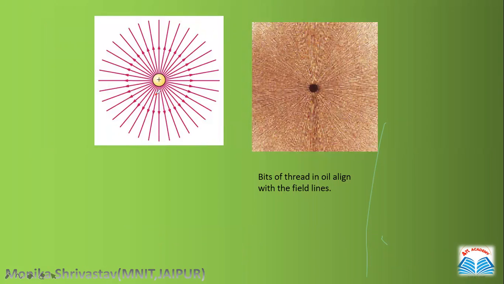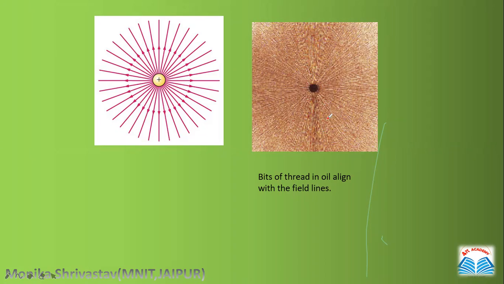You can see that around a positive charge, many field lines come out of the charge in various directions, so a type of symmetry can be formed. We can assume that this symmetry can have this form also. What is this form?